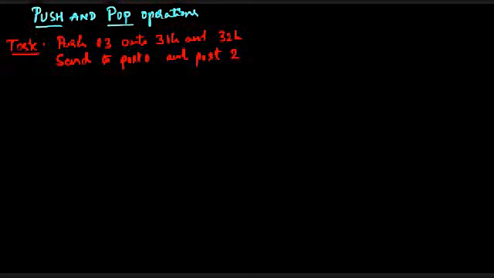To understand this better, we'll draw the stack and say SP is pointing to this memory location, and we'll write this memory location as 30H. SP should be pointing to 30H, not 31H.